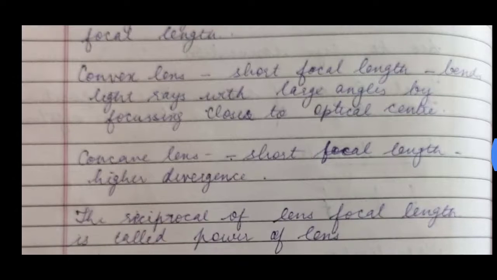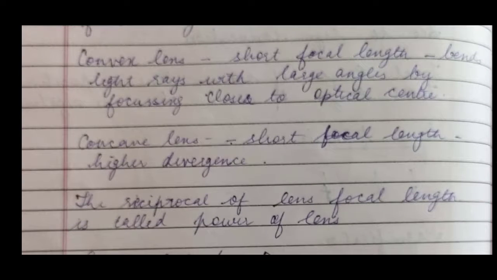Next, a convex lens has a short focal length, so it bends light rays through large angles by focusing closer to the optical center. The image will form near the optical center.